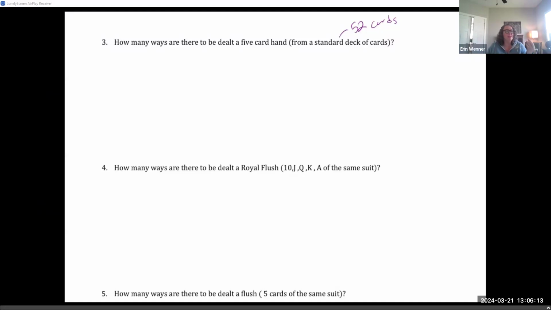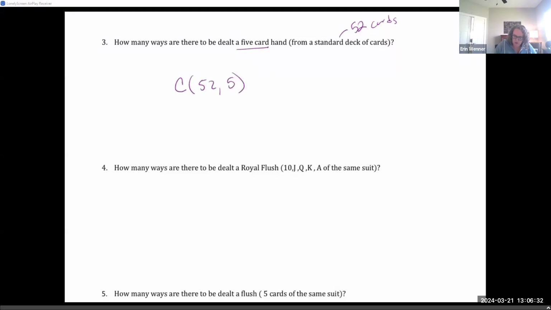Because order doesn't matter in creating this group of cards, this tells us that we need to use a combination. We want to choose 5 of them, so we're going to do the combination of 52 cards taken 5 at a time.